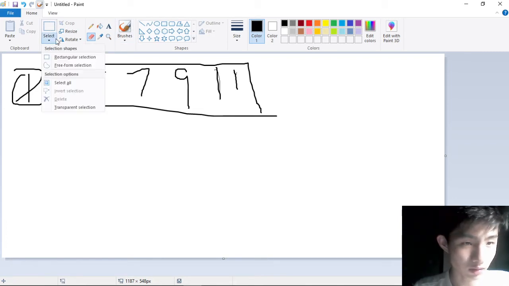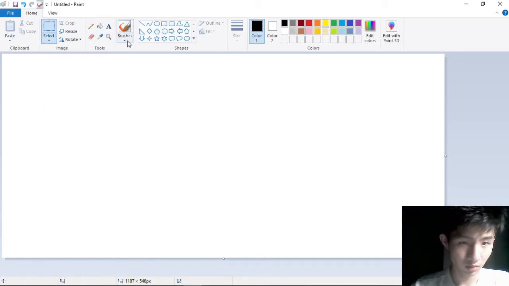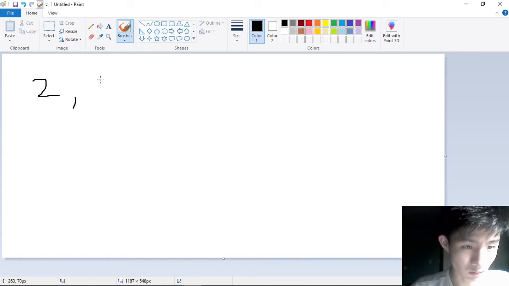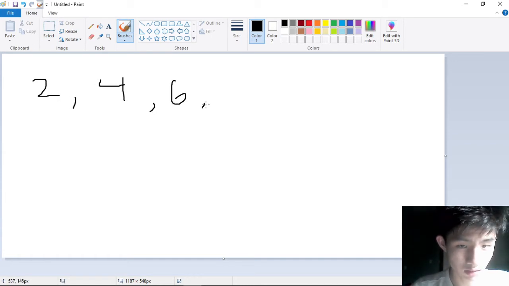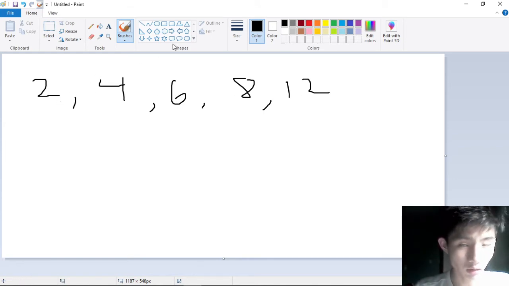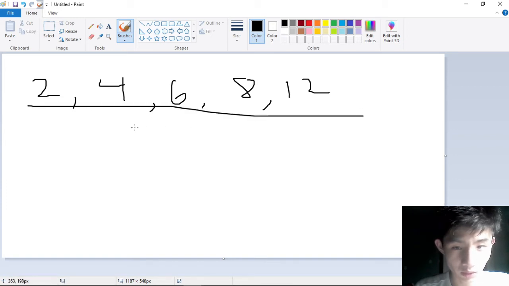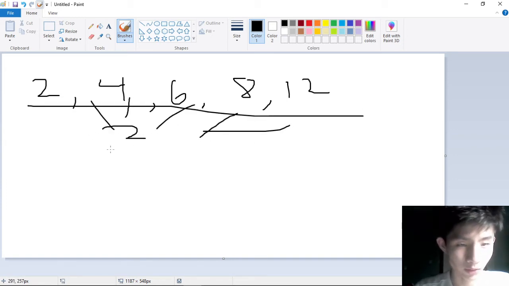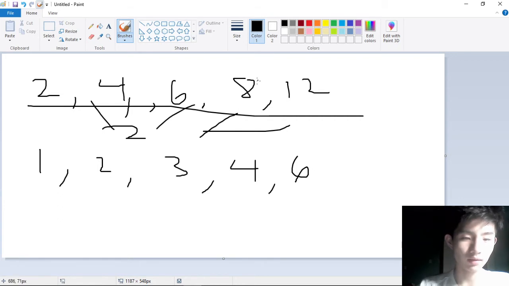Now, if it's all evens, 2, 4, 6, 8, 12, and you're trying to make it unable to partition, all you have to do is divide every single number by 2 until one of them turns odd. So 1, 2, 3, 4, 6, and you can just partition any odd number and you're fine.